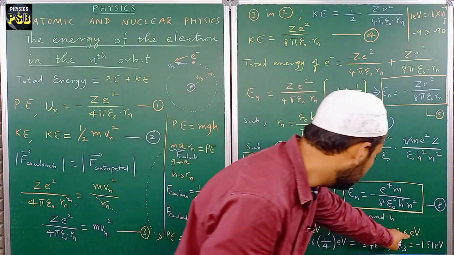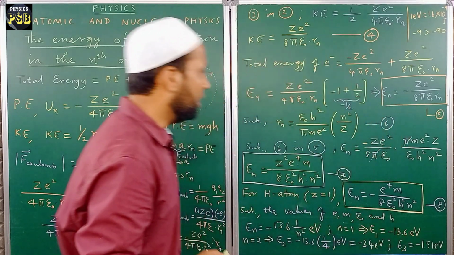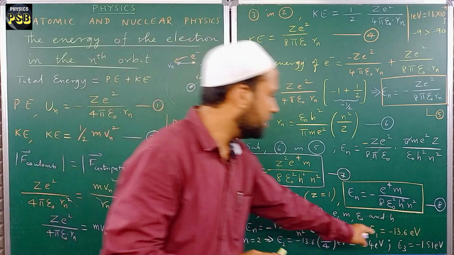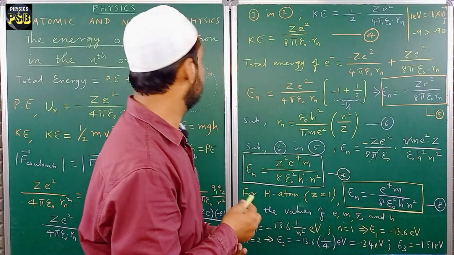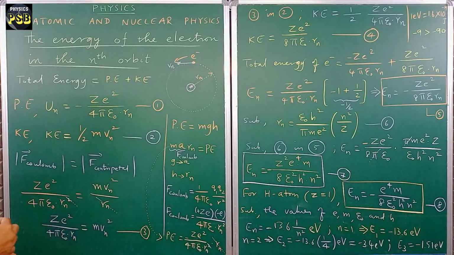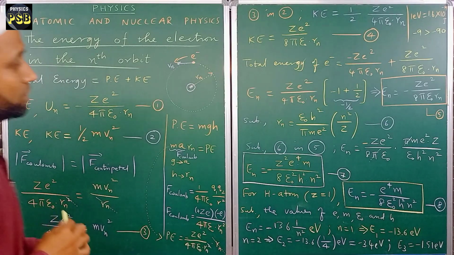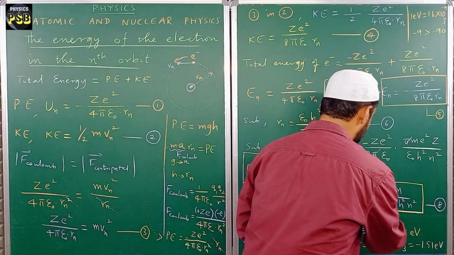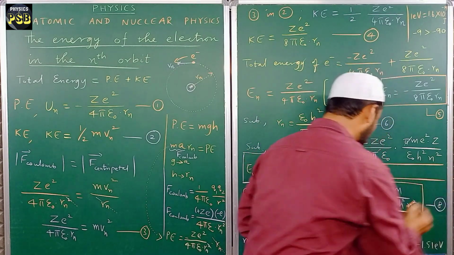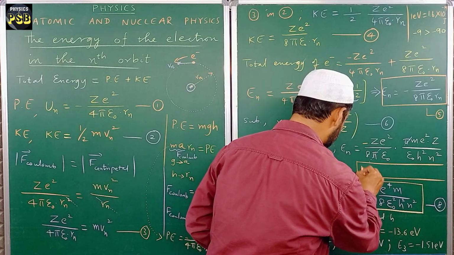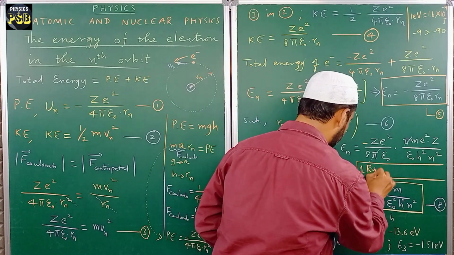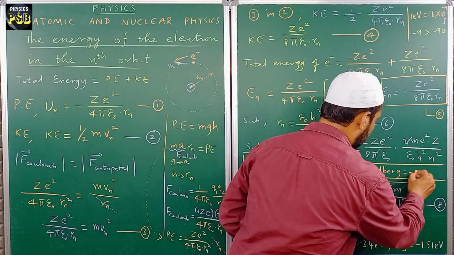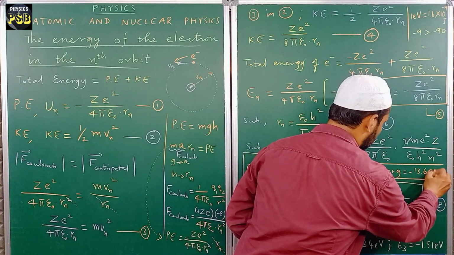Here 1 Rydberg is equal to minus 13.6 electron volt.